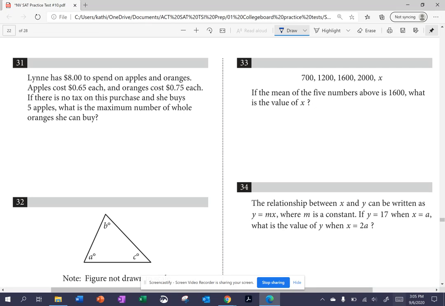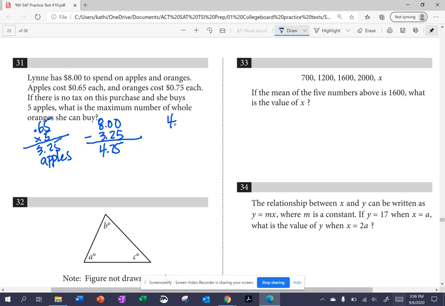If there is no tax on this purchase and she buys 5 apples, what is the maximum number of whole oranges she can buy? So this is 65 cents times 5, which is $3.25 on apples. So she has $8, so I'm going to subtract out the $3.25. So she has $4.75 remaining.